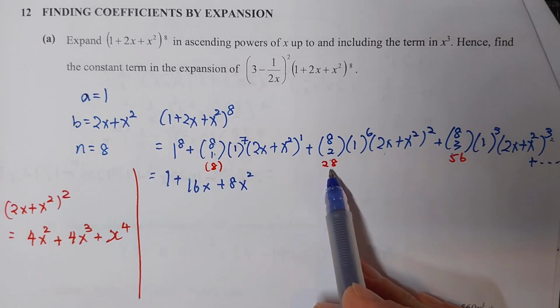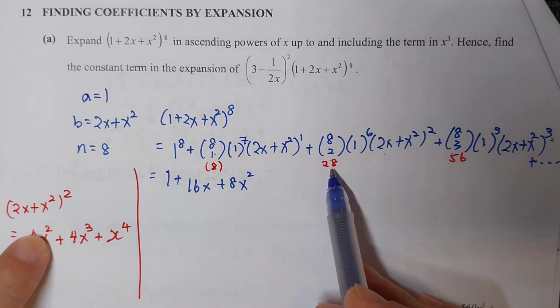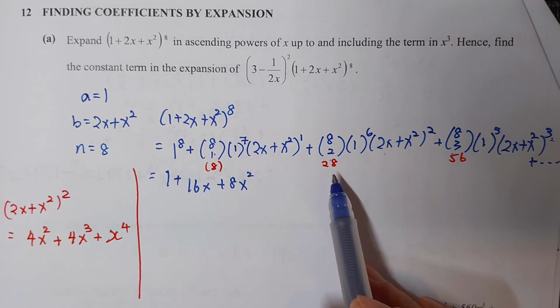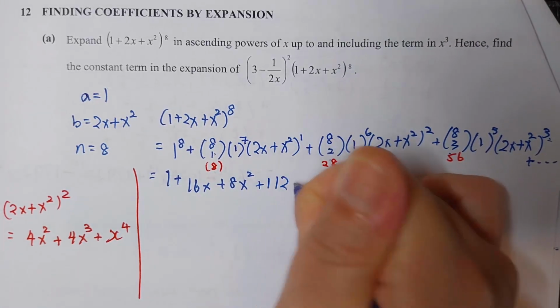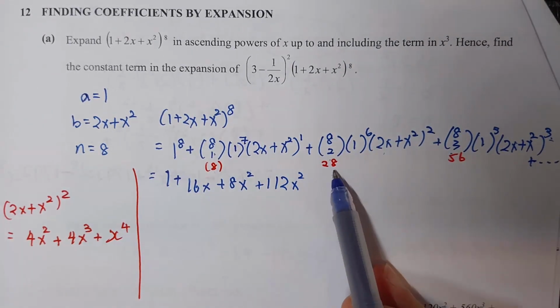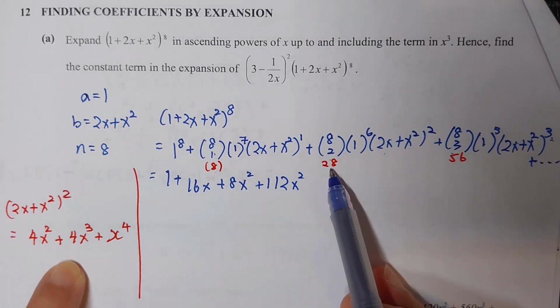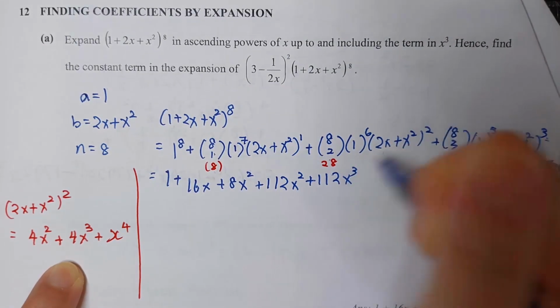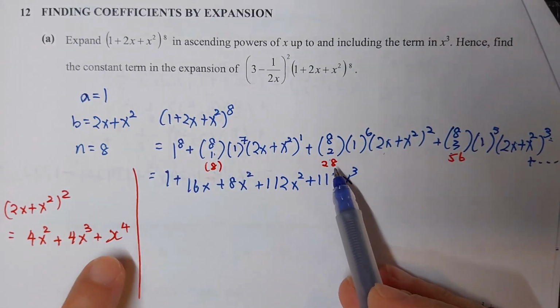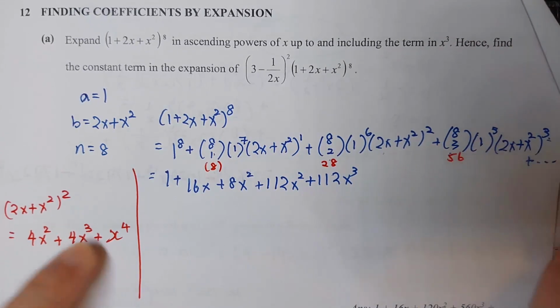We have 28 multiplied by the first term here, which is 28 times 4, so we have 112x². 28 multiplied by the second term here will be 112x³. 28 multiplied by this term here, no need, right?